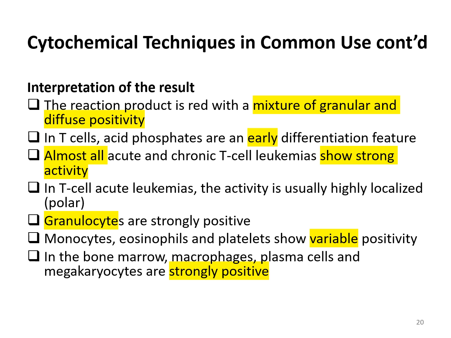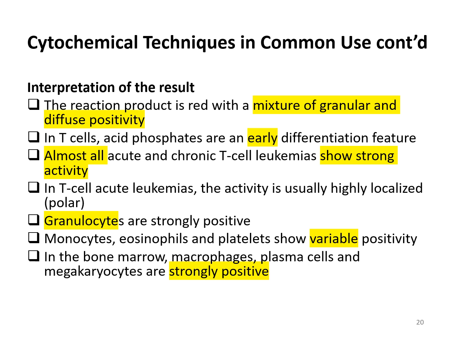Granulocytes are strongly positive, and other cells, monocytes, eosinophils and platelets show variable positivity, so they may have a strong or weak positivity. In the bone marrow, the macrophages, plasma cells and megakaryocytes are strongly positive.